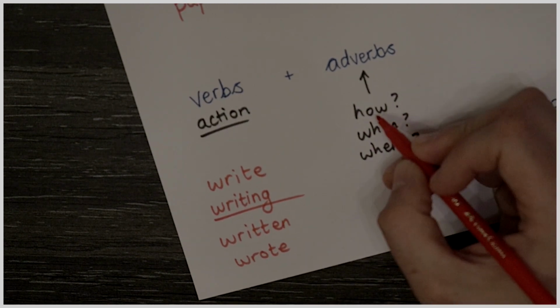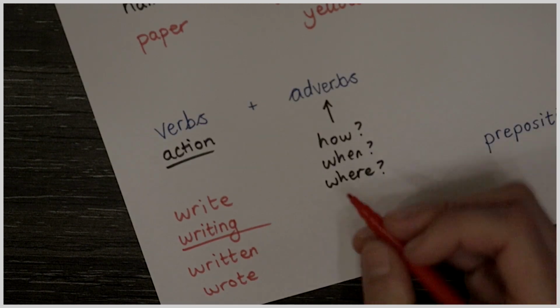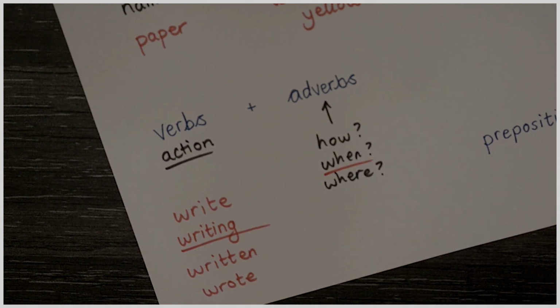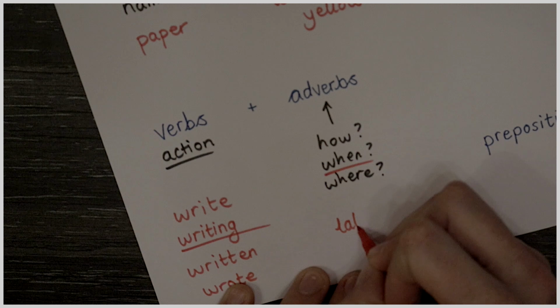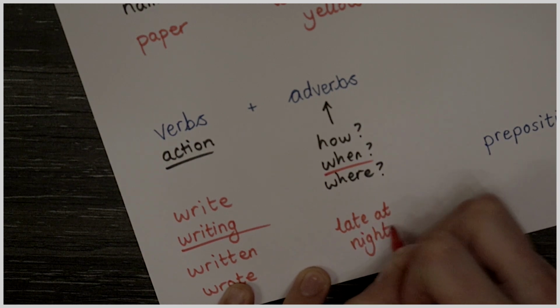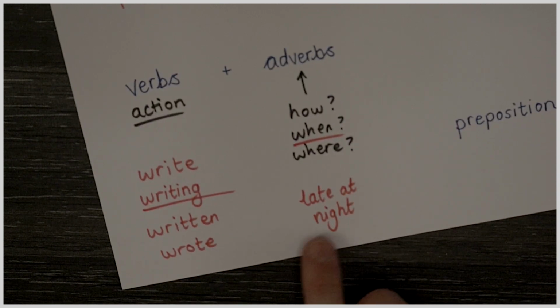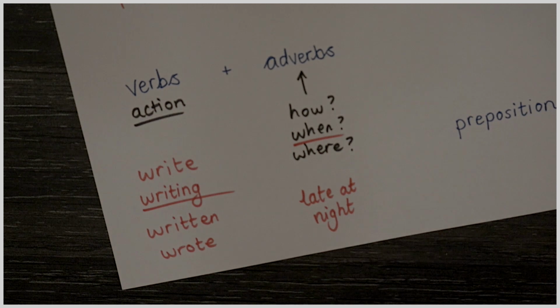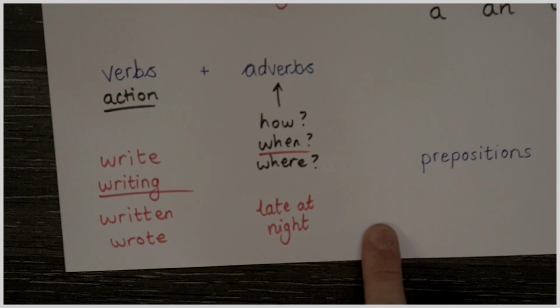And how am I writing? When am I writing? Where am I writing? So right now, let's use when. I like when. Right now it is quite late at night. So let's say late at night. Because obviously Mr. Short has nothing better to do than to make little videos about writing on white paper late at night. So let's build a sentence.